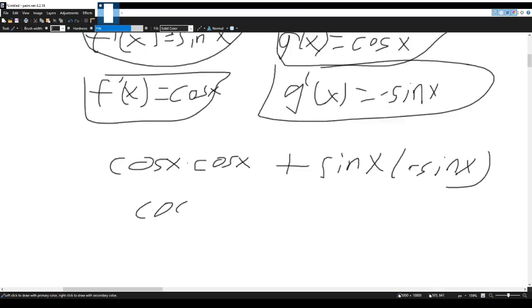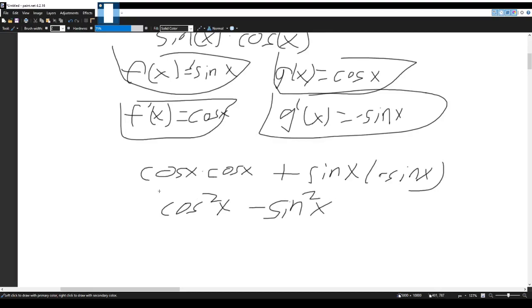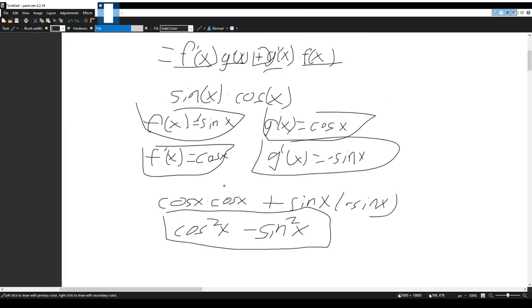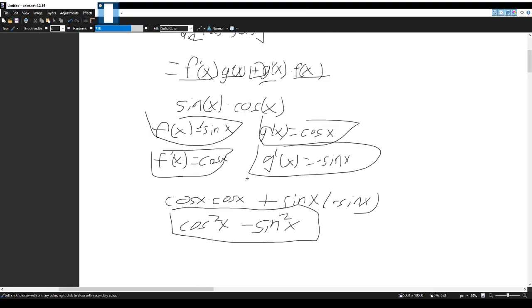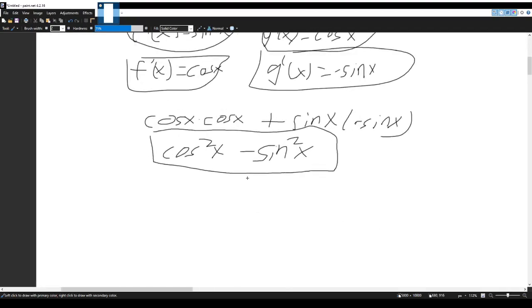Simplifying this, cosine squared x minus sine squared x. And this is actually our derivative. So it's that simple. There might be ways you can rewrite this using the cosine squared plus sine squared equals 1, but I think this is good enough. You kind of get the idea. Honestly, it's kind of just that simple.